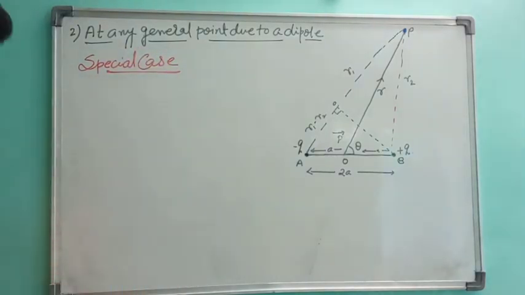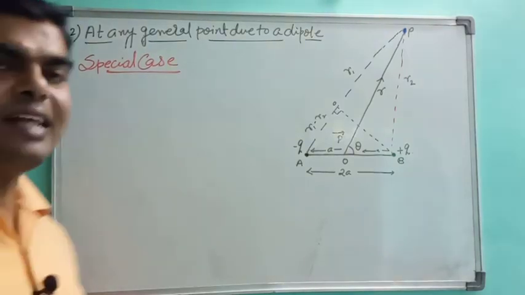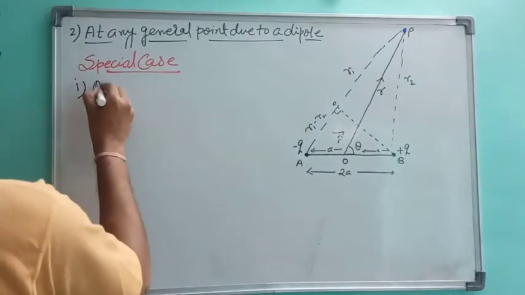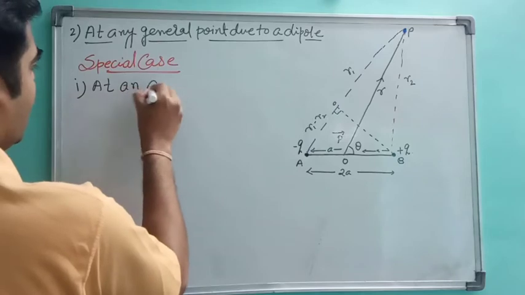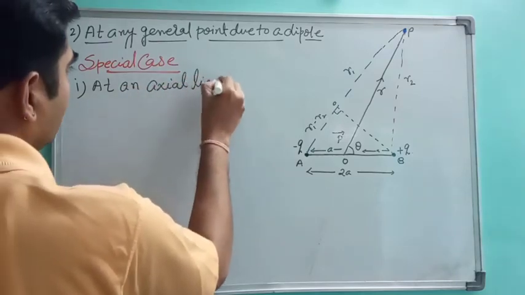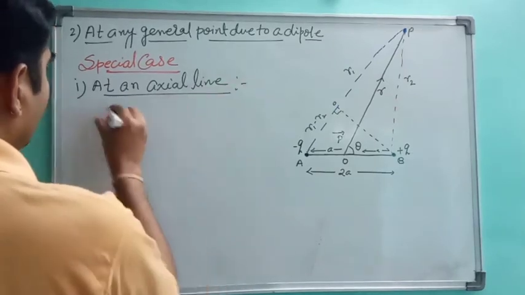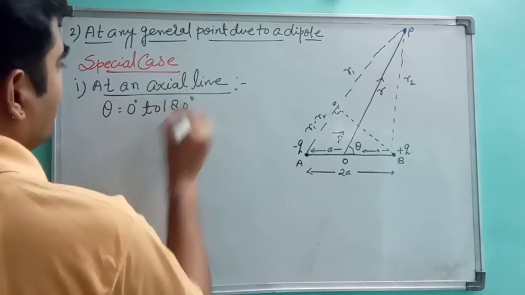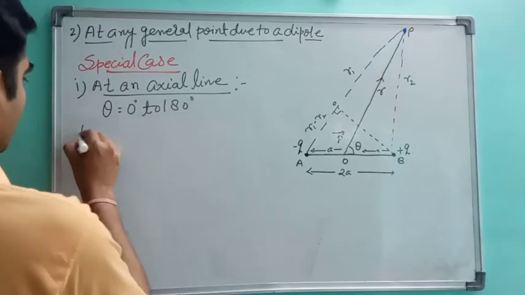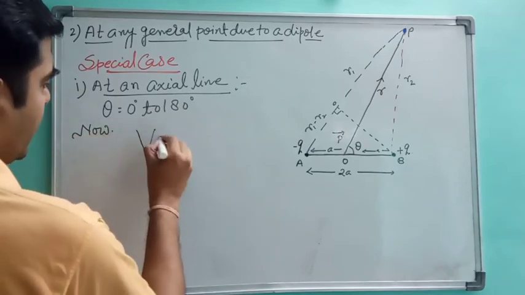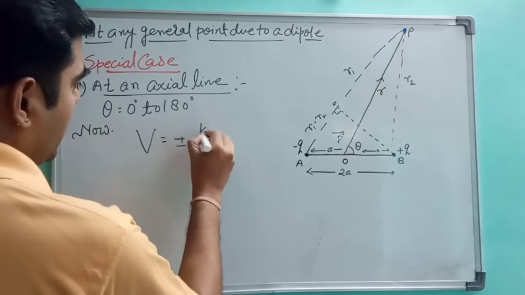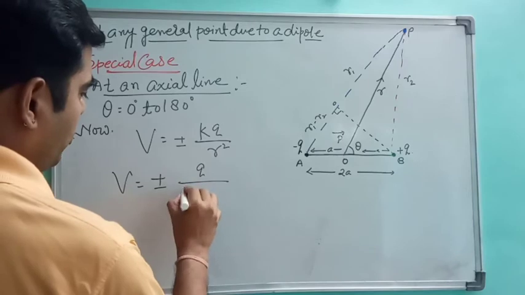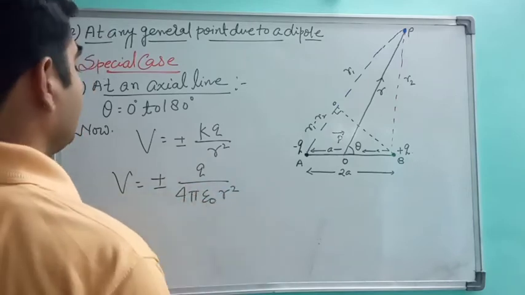First special case: when point P lies on the axial line, so the angle theta is equal to 0 or 180 degrees. Then the electric potential is positive or negative kq upon r squared, or V is equal to positive or negative q upon 4 pi epsilon naught r squared.